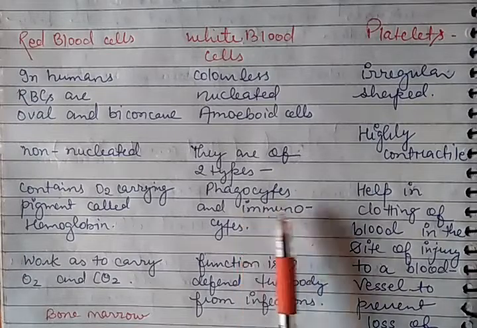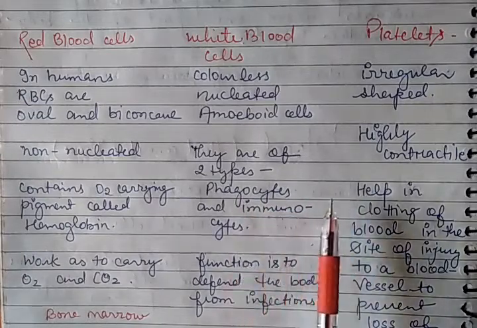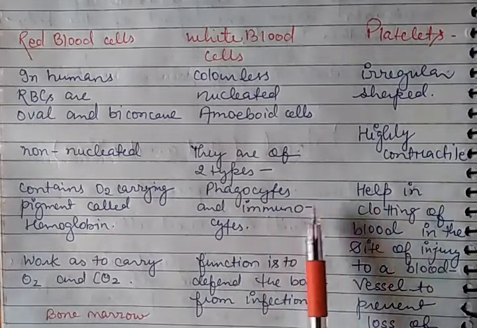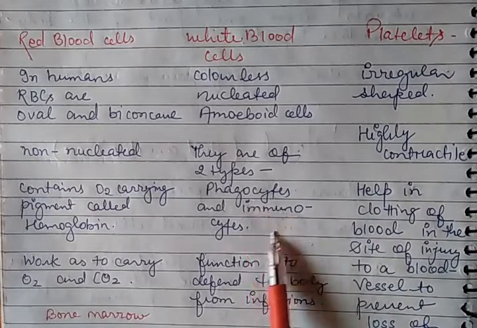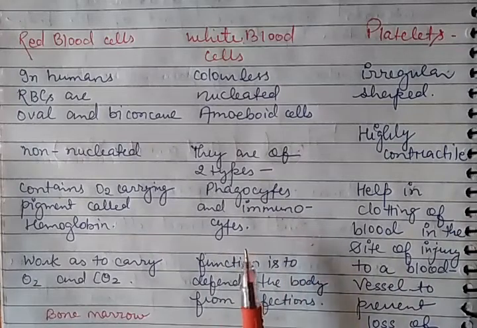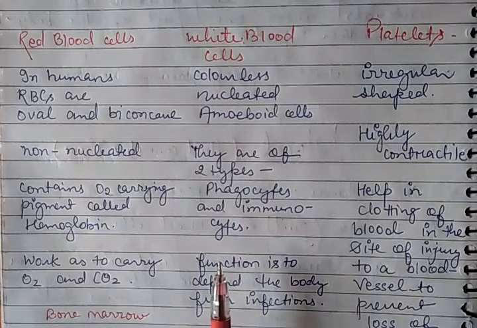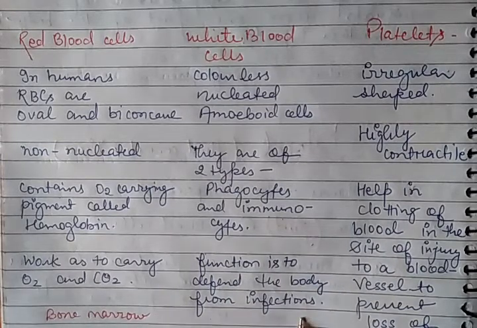Further, phagocytes are of three types and immunocytes are of two types. So collectively there are five kinds of white blood cells found in the blood, and all of them are specially designed to defend the body from infections.